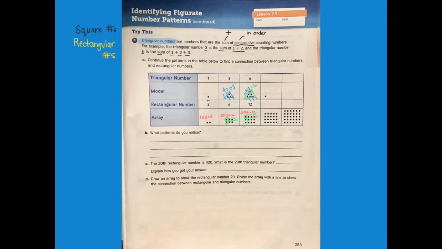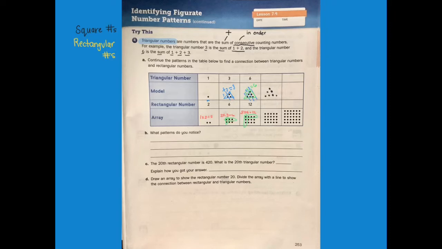Then my next row is going to have 2 dots. Then 1, 2, 3 dots. Now that looks an awful lot like this one right here, so I know I'm on the right track. We want to make 1 more row, and we want that next row to have 4 dots.